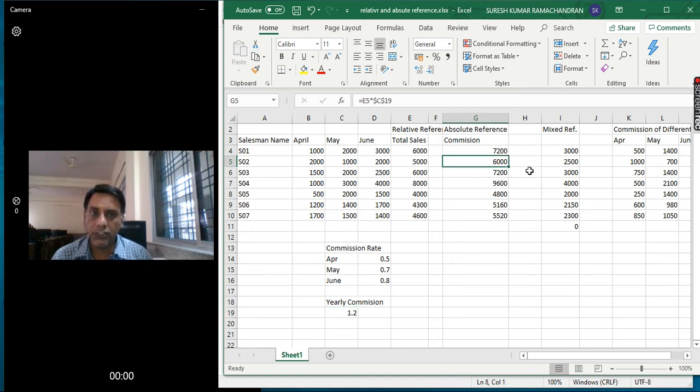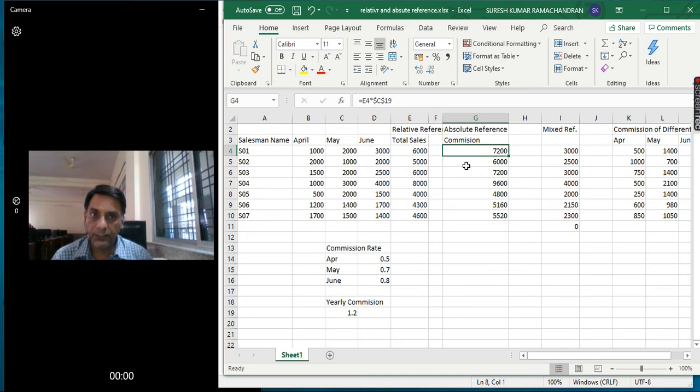So when we change the row, the column and the row of C19 do not change. You can see the total sales, that is E4, is calculated with C19.